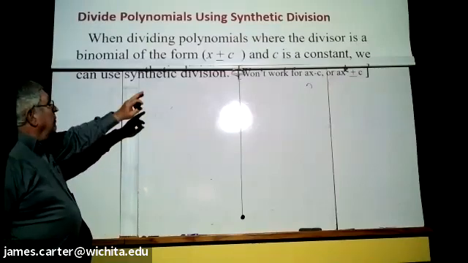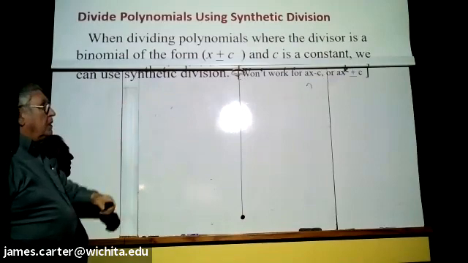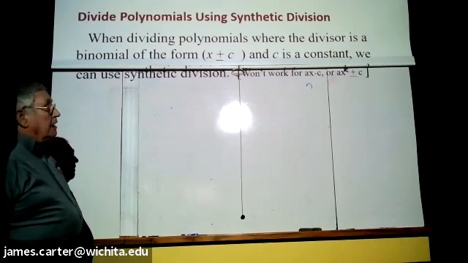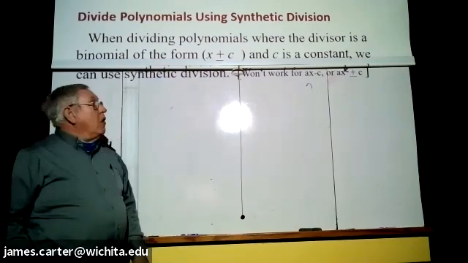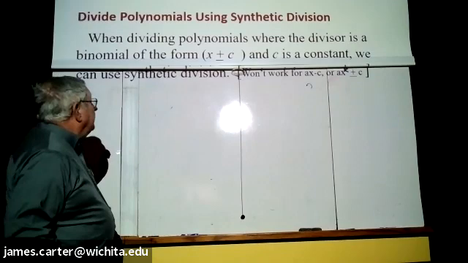Okay, when the divisor is in the form x either plus or minus c, where c is just a constant number and x is just 1x to the first power, we can use synthetic division.